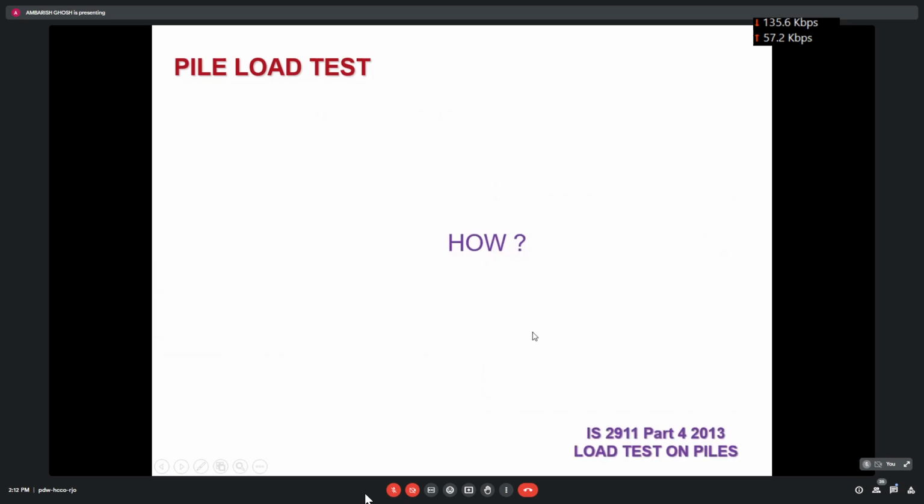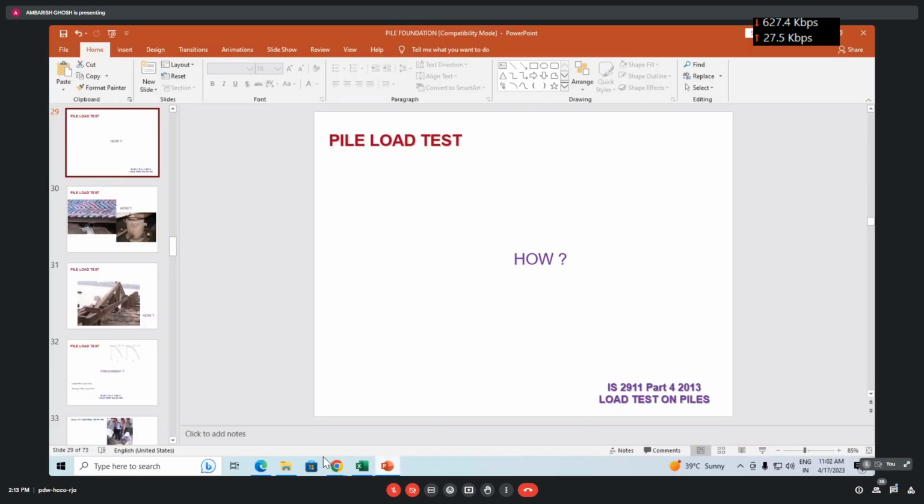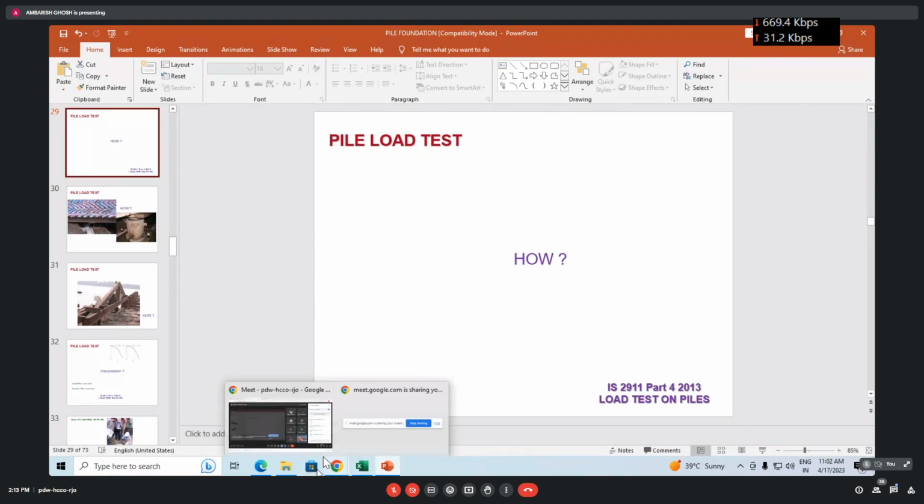So now let us see why we are doing the pile load test, and it has specific recommendations also. For that you have to go through IS 2911 Part 4, 2013. You will download IS 2911 Part 4.